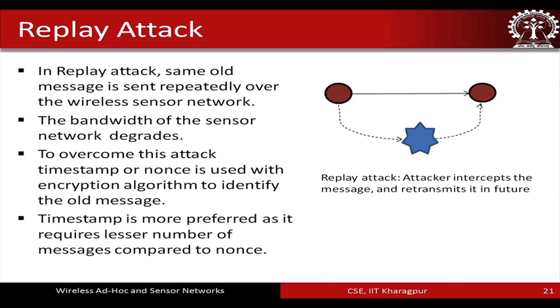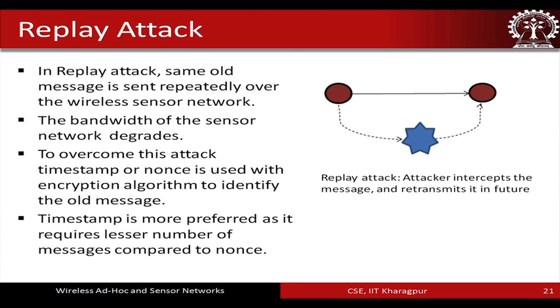Now, replay attack. In a replay attack, let us say that we have the source node and the destination node, and the attacker will come in between. It intercepts the message and retransmits it in the future. So, this attacker will come in between these two nodes and get access to the message that has been sent. It will intercept it and retransmit the data successively in the future.